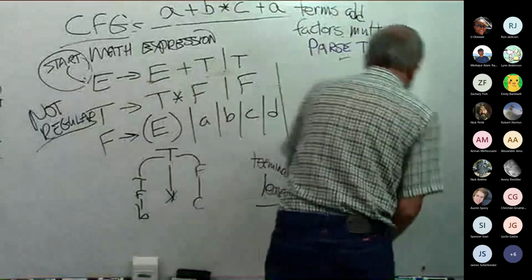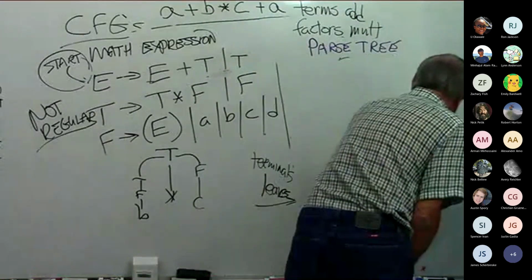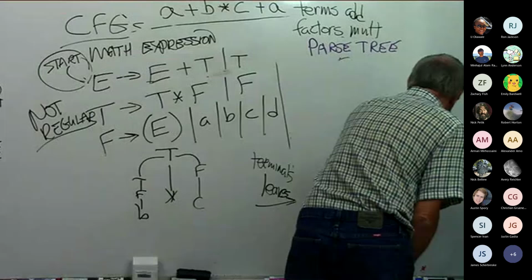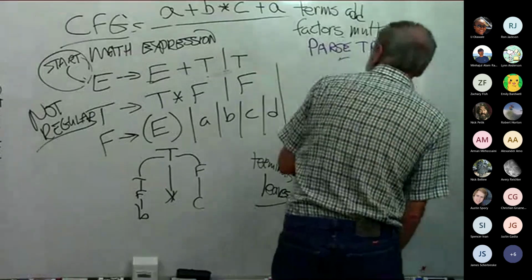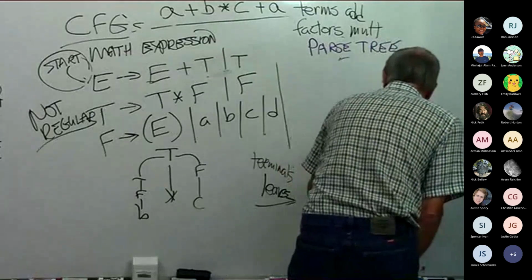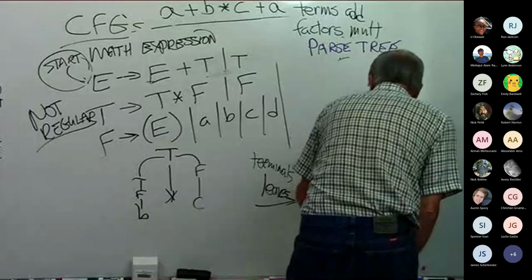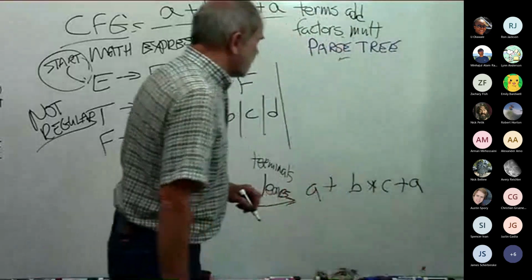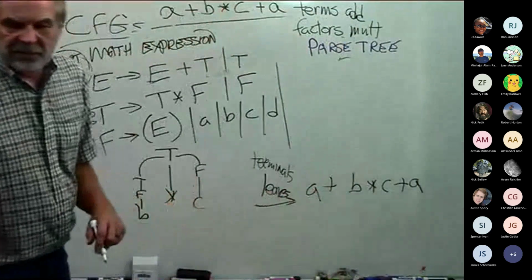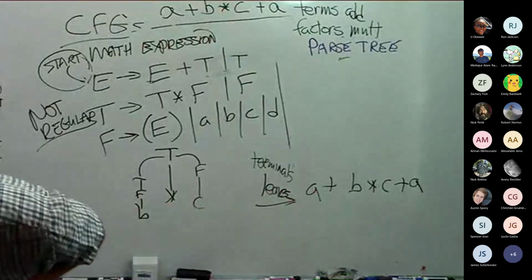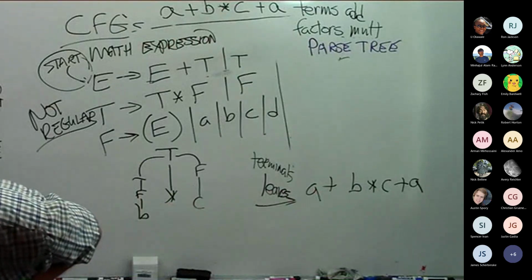So we've got A plus C times B plus A. This is our final set of terminals.